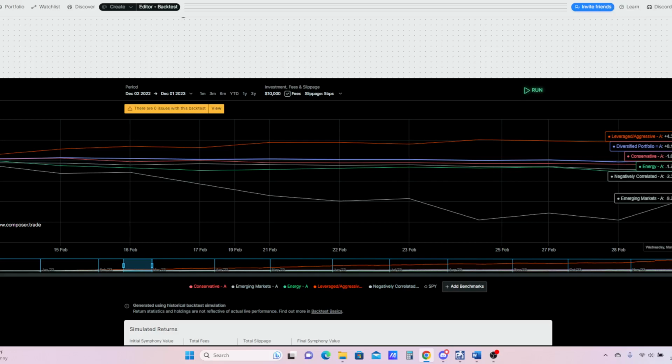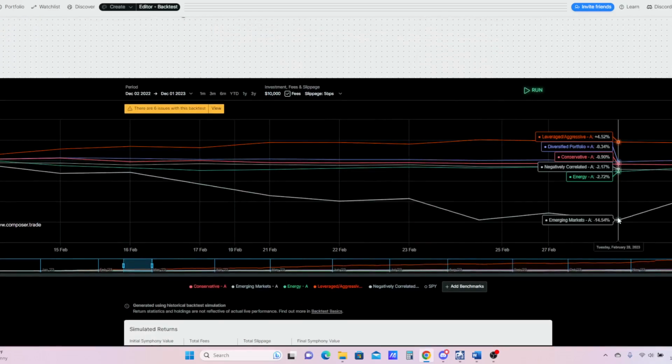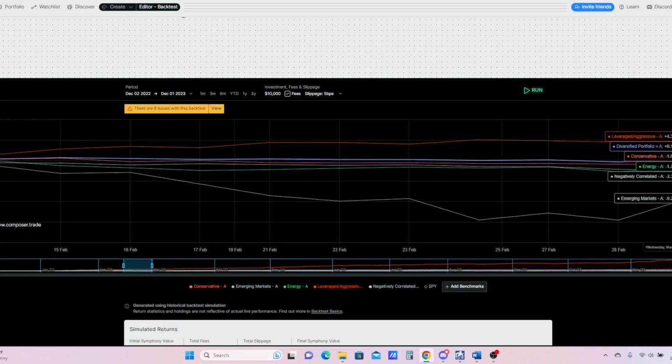And again, that's the point of predefining the risk too. The emerging markets are very low risk, and the whole point is, look how fast it can decline in just 2 weeks. But because you only have 6% of your account allocated to emerging markets, it doesn't drag the entire portfolio down, and that's the point.